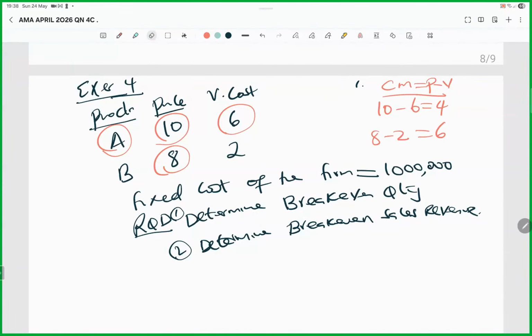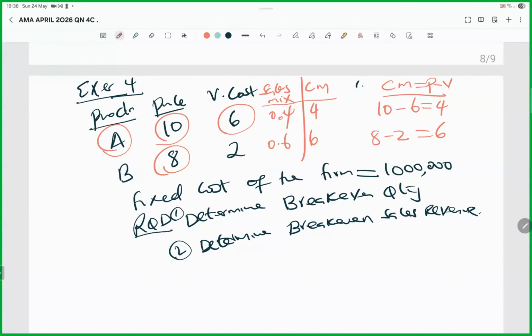So we have here our sales mix, 0.4 and 0.6. And then I have the contribution margin, which you have given me as 4 and 6. Now, I want you, great students of mine, to do me a favor.